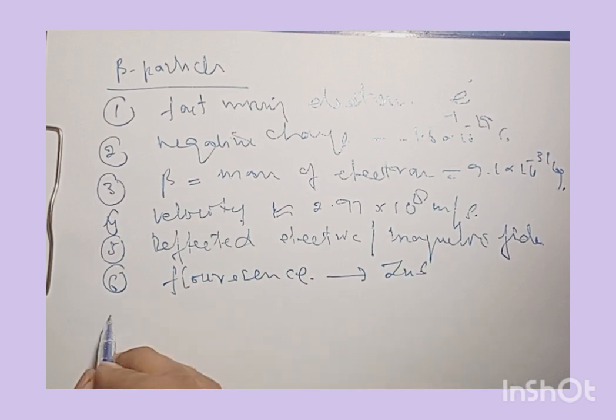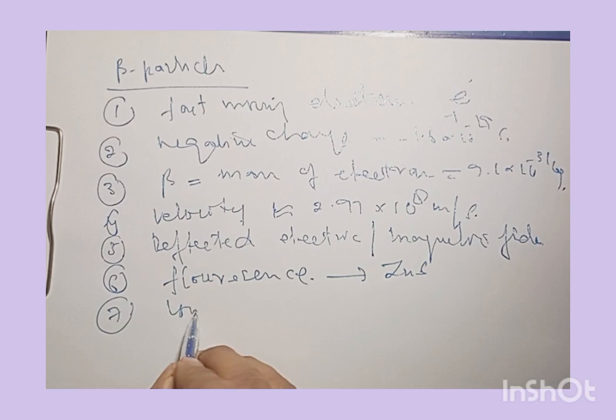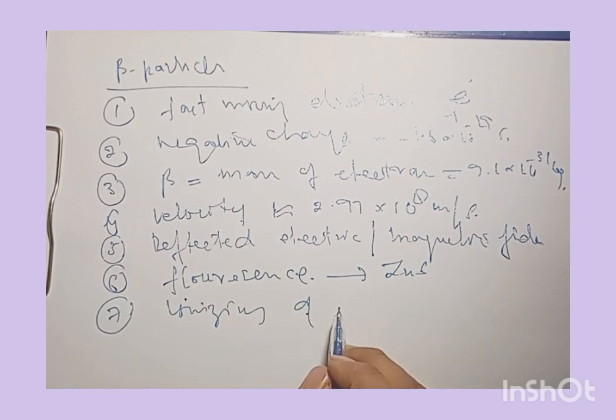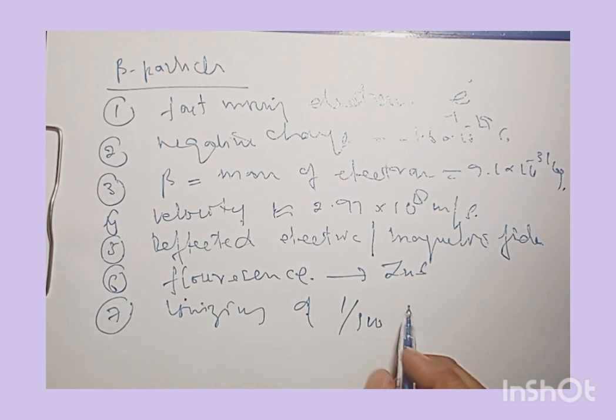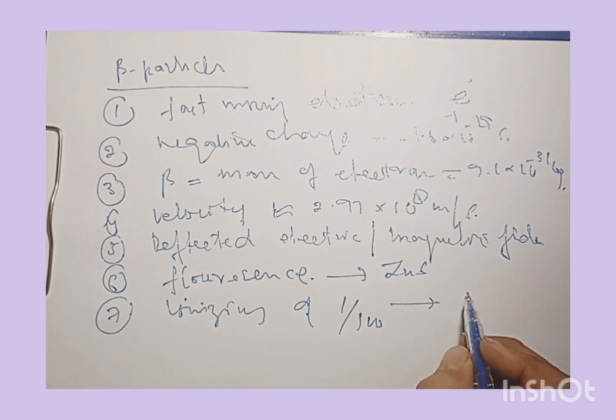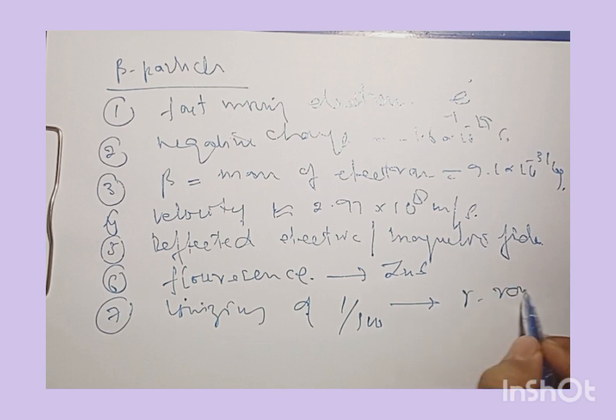And the ionizing power of these beta particles is about 1/100th of the ionizing power of gamma rays. So this can be a better way to convey the message here.